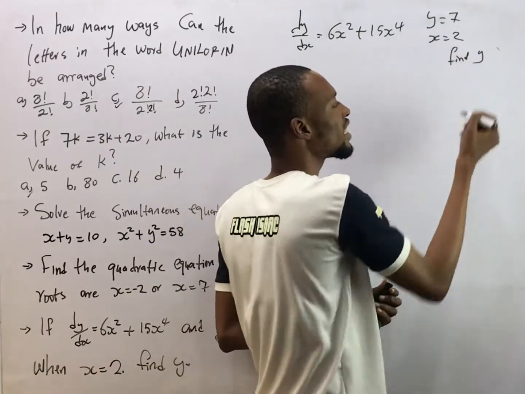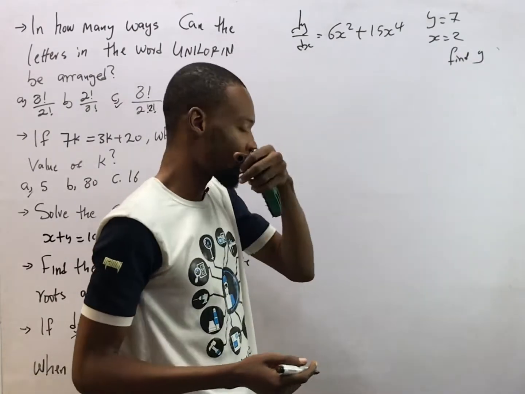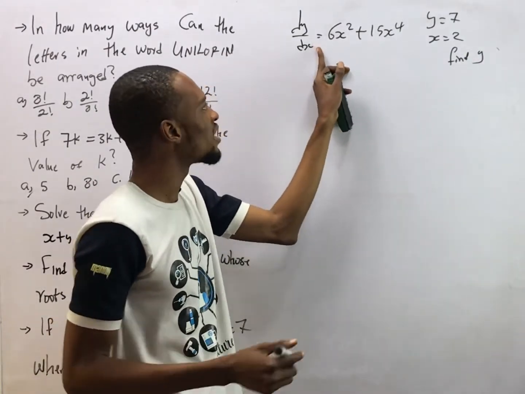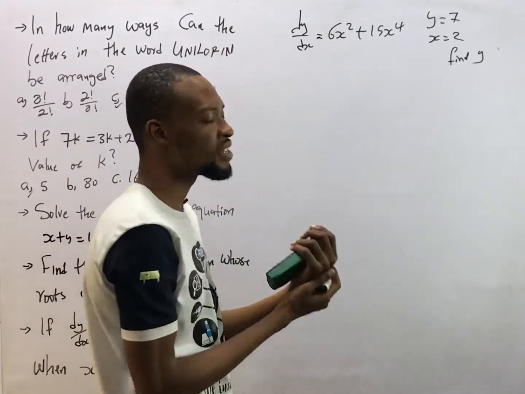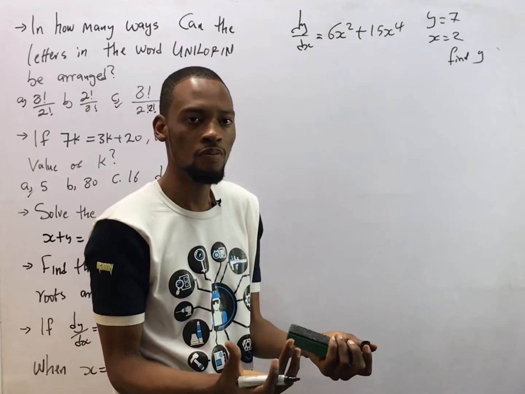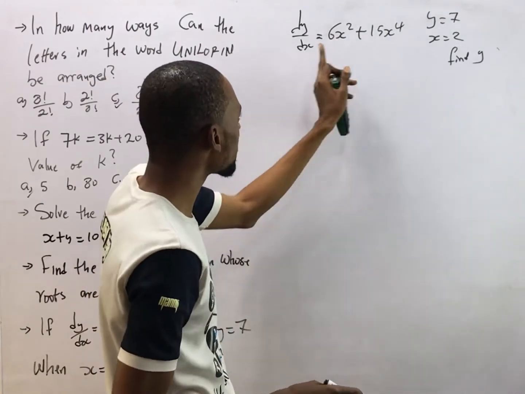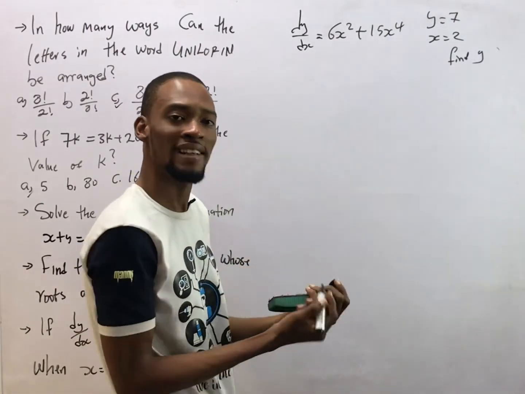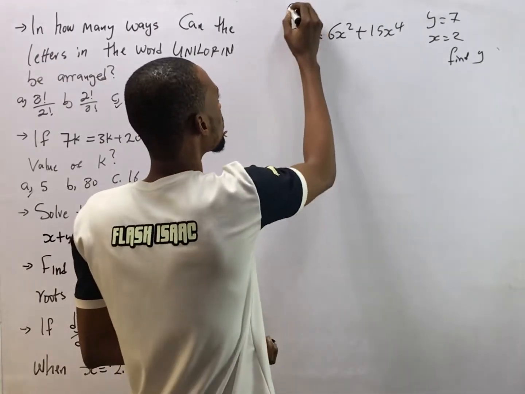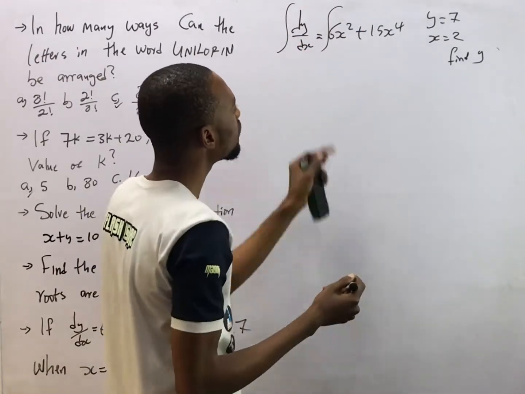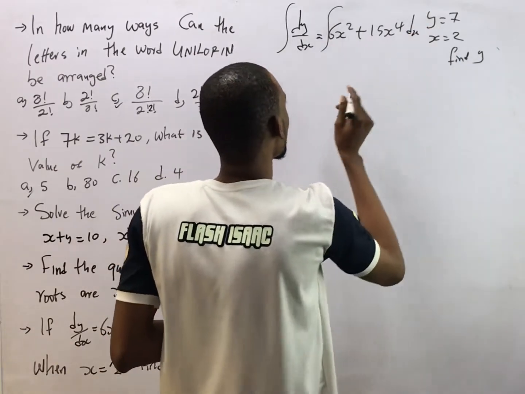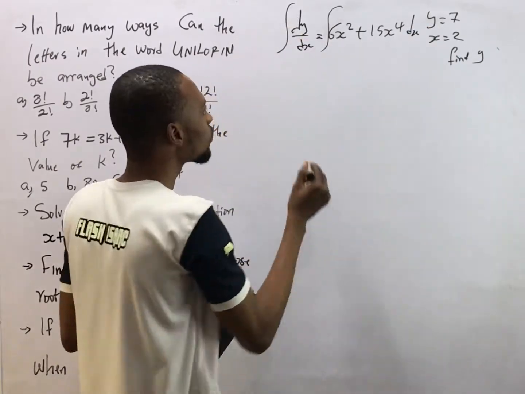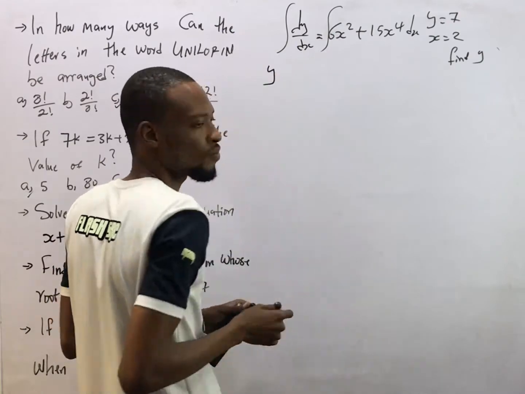If you differentiate y, you get dy/ds, which is this. So to recover y from this, we do the opposite. The opposite of differentiation is integration. If we've differentiated y to get this, we have to recover y by integrating. So if we integrate dy/ds with respect to s, the integration of dy/ds would give us y.